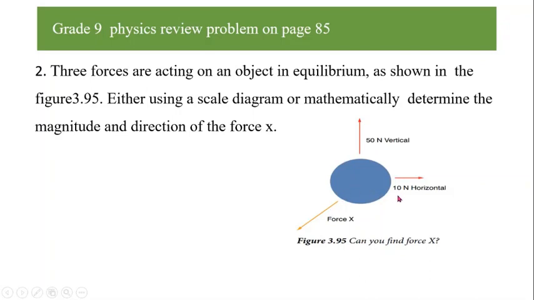Here we are given a horizontal force of 10 Newton, vertical force of 50 Newton, and a force that intends to balance this horizontal force and vertical forces. So let's proceed to the solution.